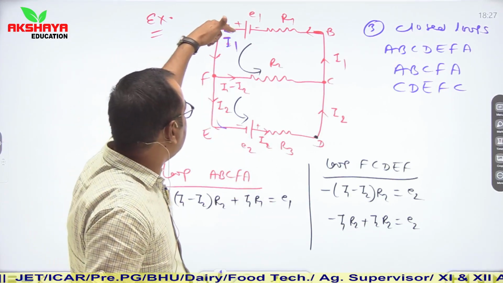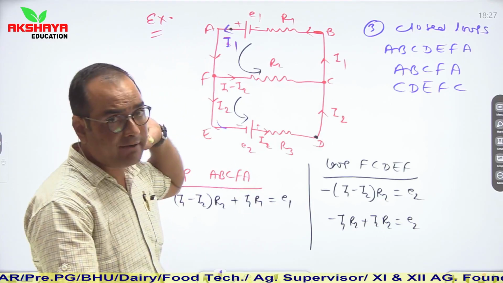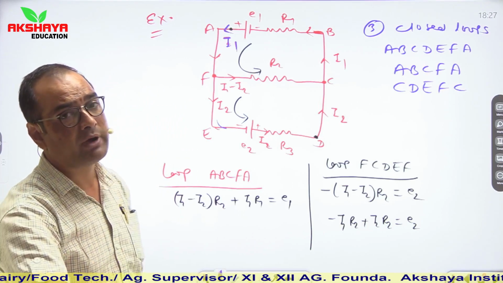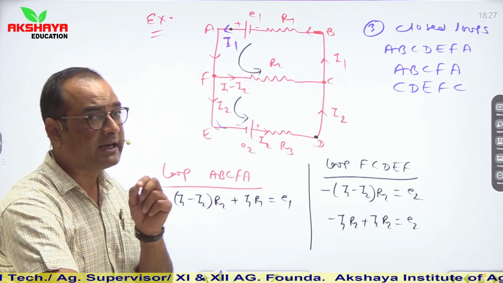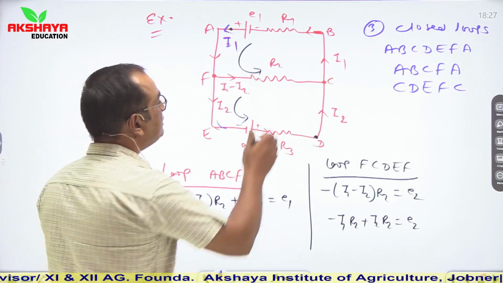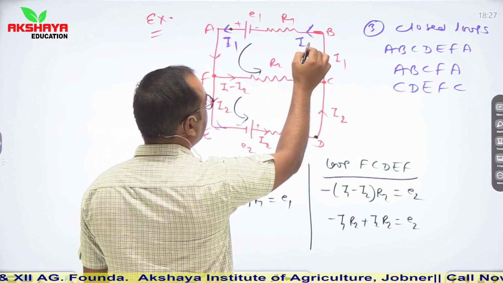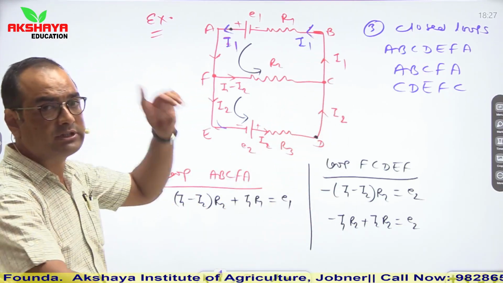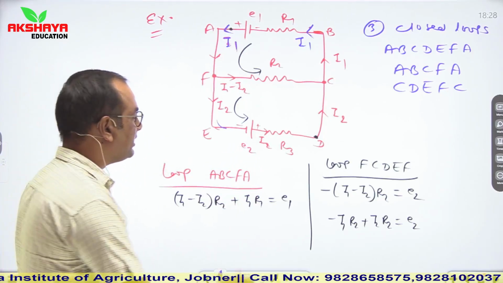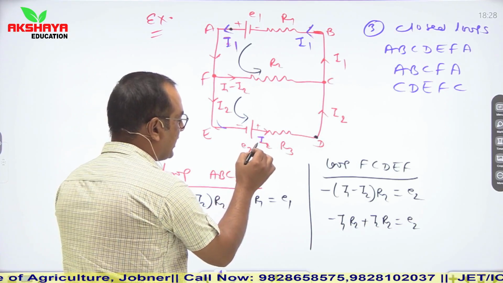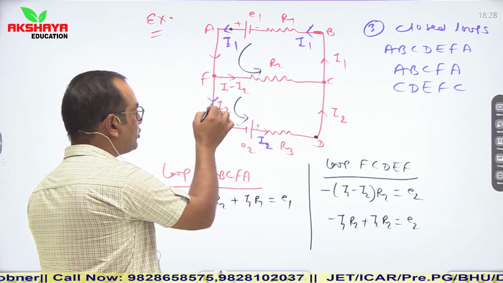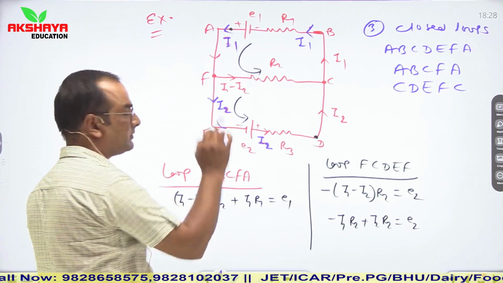Let us say current I1 is flowing towards the junction F. Another concept to keep in mind: if any current I1 is traveling from the positive terminal of a cell, then the same amount of current should also enter its negative terminal. Similarly, if current I2 is traveling from its positive terminal, then current I2 should also enter its negative terminal. Clear?